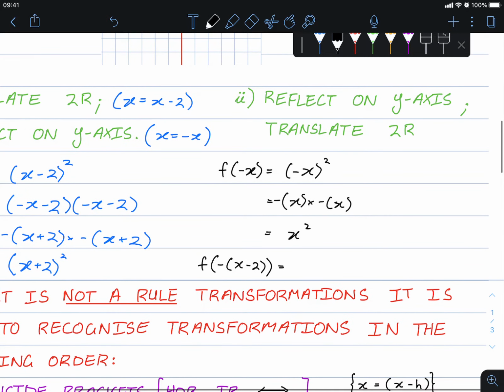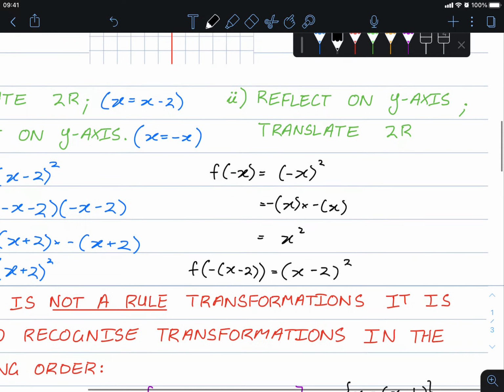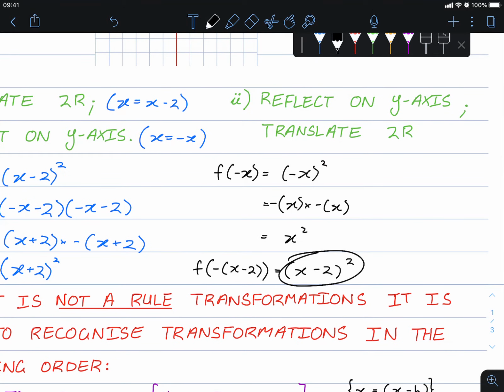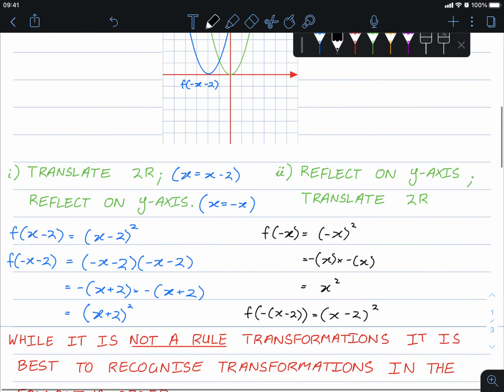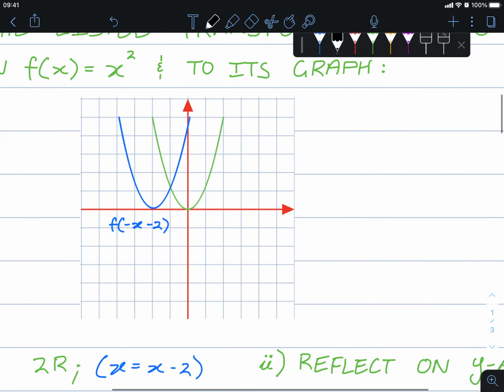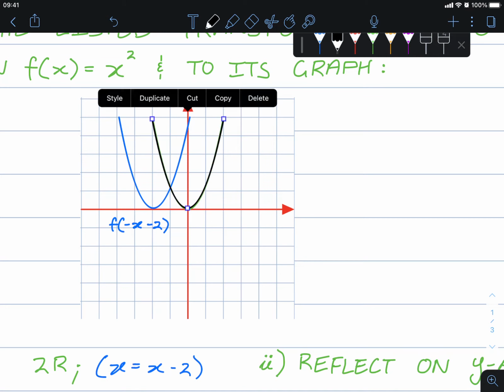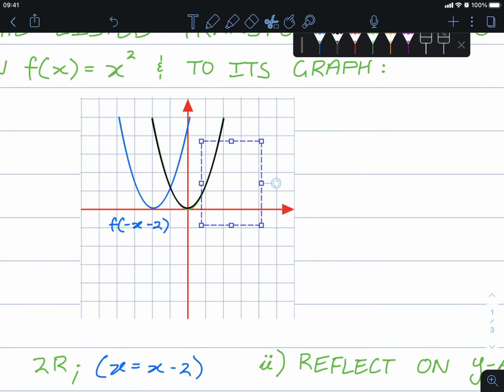This gives us x minus 2 squared, like this. Notice how that end result here is not the same as what we have here. So the end result for this is actually almost exactly the same, except it's 2 to the right.